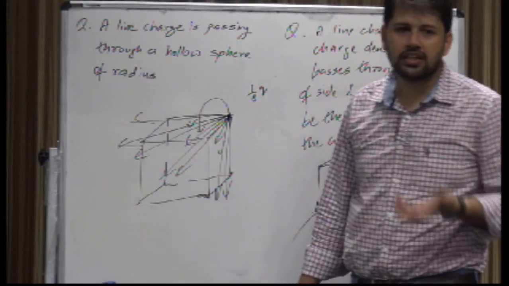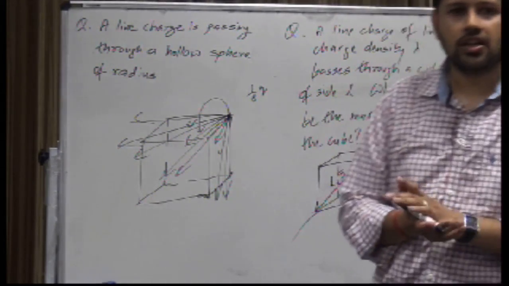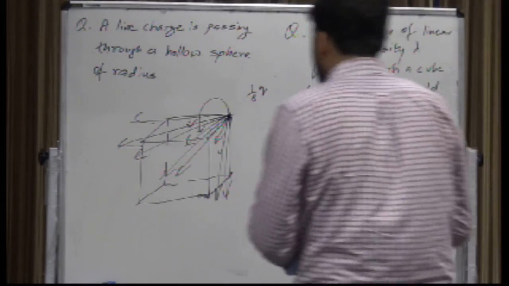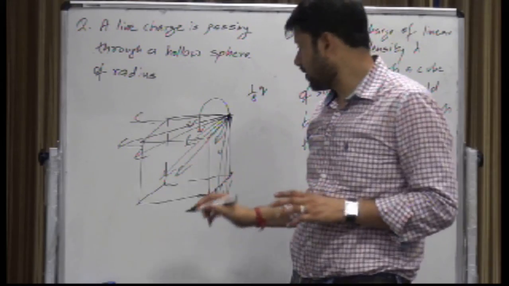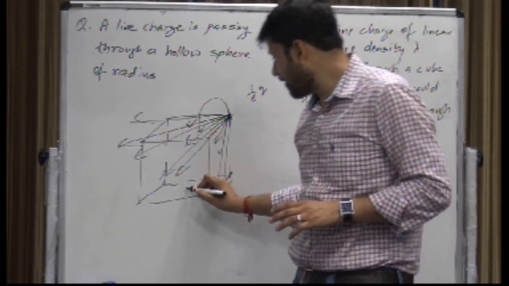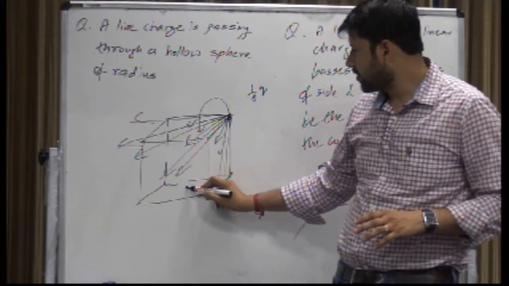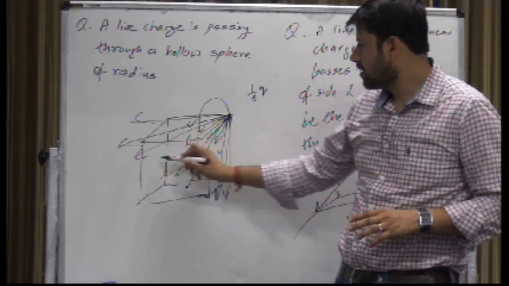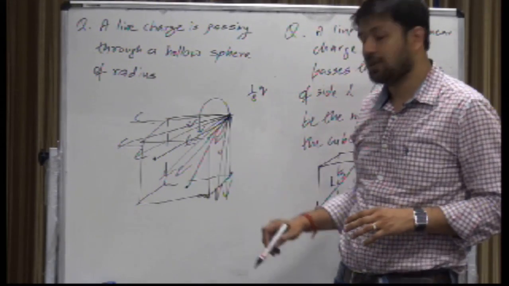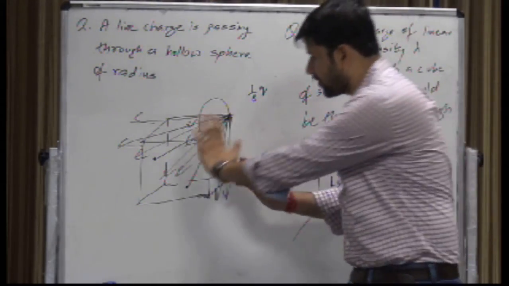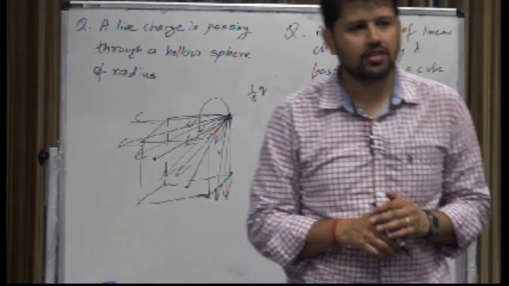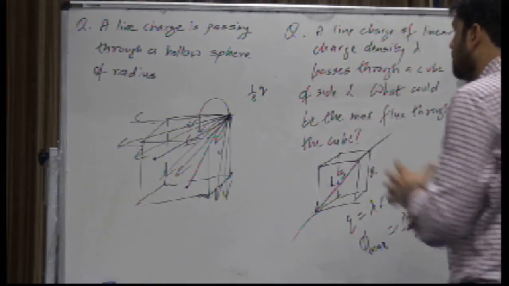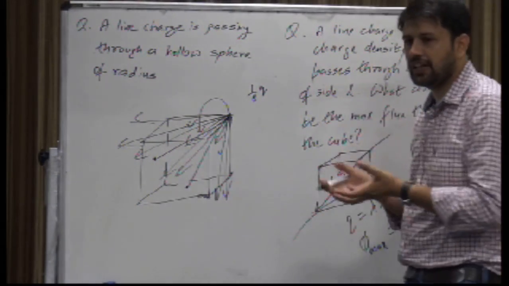For the remaining 3 faces, flux would be evenly distributed. Why? Because from one corner of the cube, the center of this face is at some distance, the center of the other face is at the same distance, and the center of the front face is also at the same distance. These 3 faces are equidistant, so the flux through them would be evenly distributed.